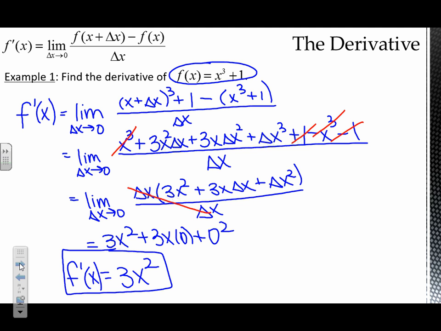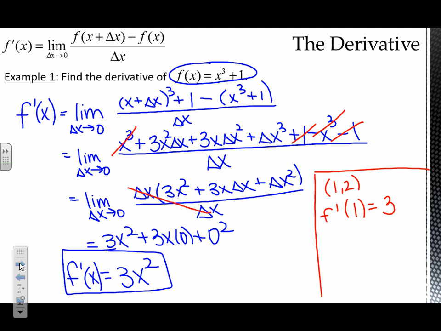So if we were talking about the point 1, 2, then the instantaneous rate of change at 1 would be 3 times 1 squared. The slope of the tangent line at x equals 1 is 3.